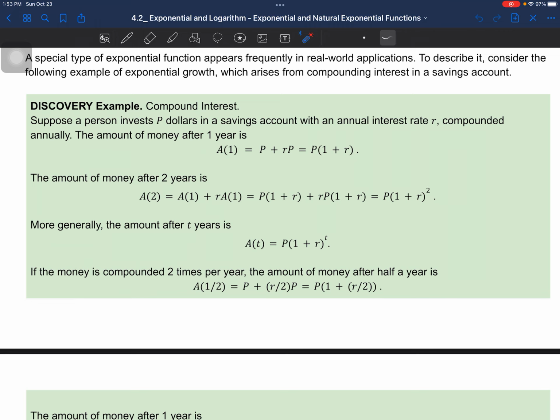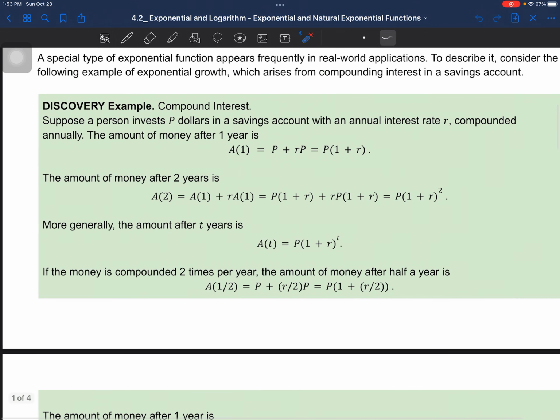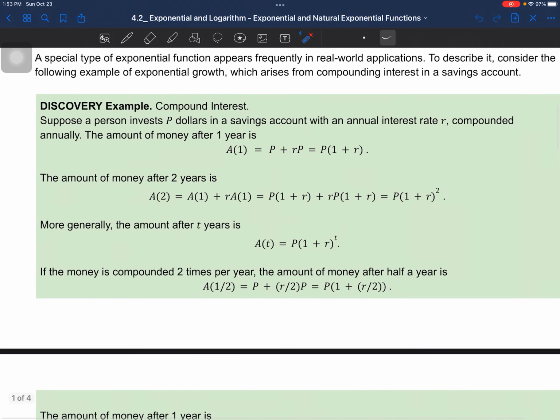So what we're saying here is that the amount of money at the end of 2 years is going to be equivalent to this. If you think about it, what we're trying to gain from here is to see a pattern, and the pattern is that when you have 2 years, that's almost equivalent to what the power will be.